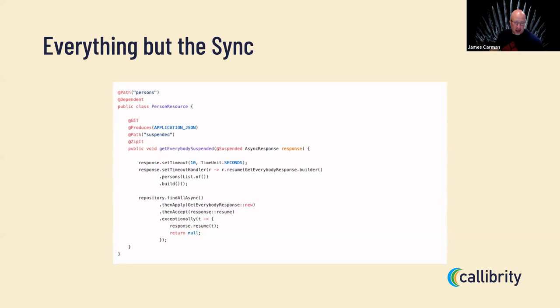And this is one of the weird things about Java's functional side, because we're strongly typed in Java, we have to do these sort of weird things sometimes. So this response.resume actually returns Boolean. This exceptionally method takes a function that goes from throwable to void, capital V Void, which is a type in Java.